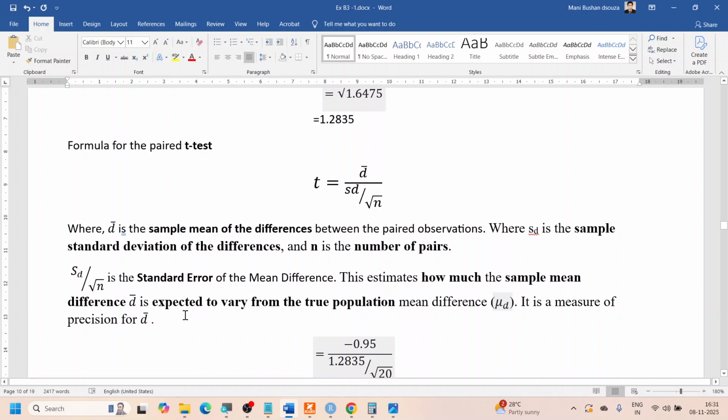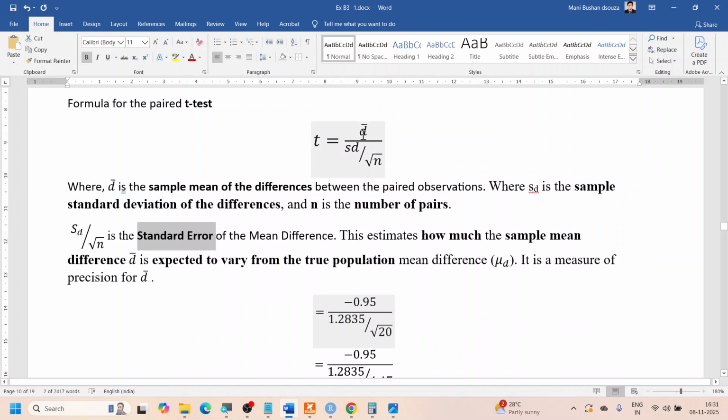So this is called the standard error. It tells you how much the sample mean difference is expected to vary from the true population.